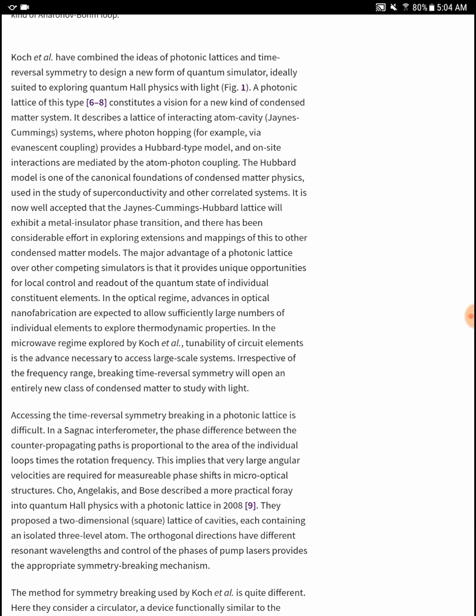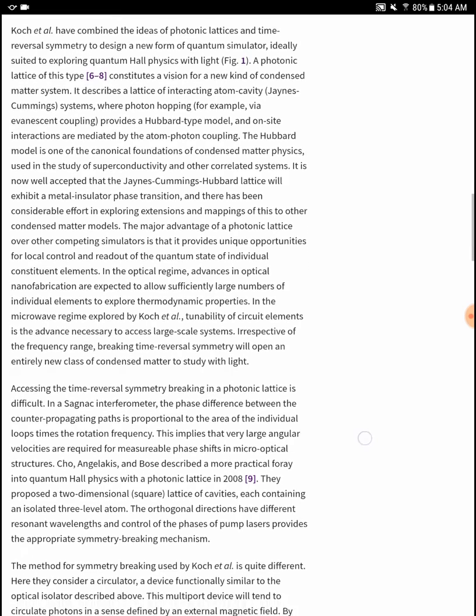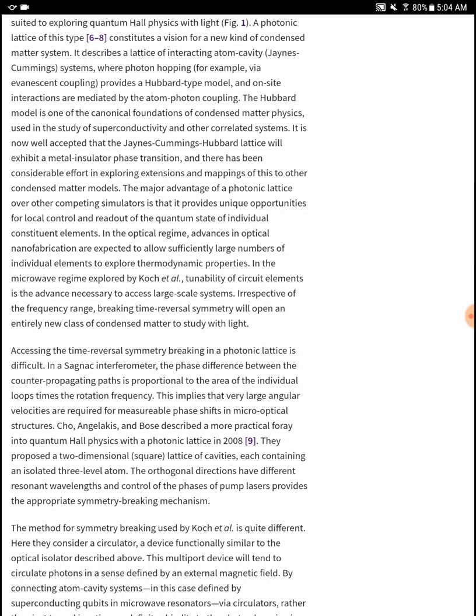It describes a lattice of interacting atomic cavity Jaynes-Cummings systems, where photonic hopping, for example via evanescent coupling, provides a Hubbard-type model, and on-site interactions are mediated by the atom-photon coupling.